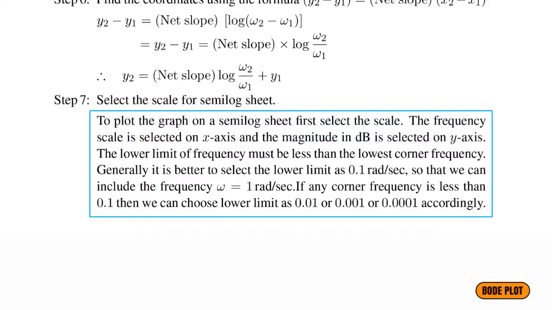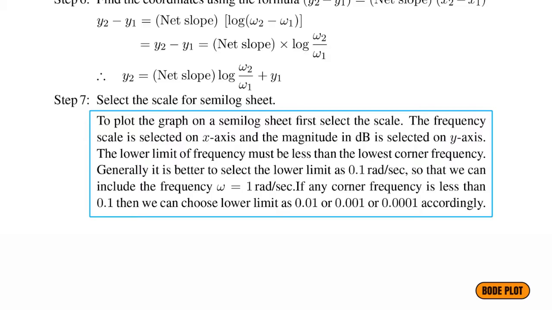All Bode plots, if you see, start from omega equal to 0.1, unless any corner frequency is less than 0.1. Suppose a corner frequency is less than 0.1 but greater than 0.01, then we have to start from 0.01.